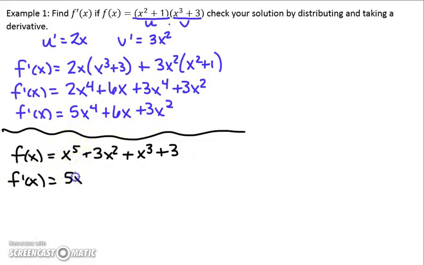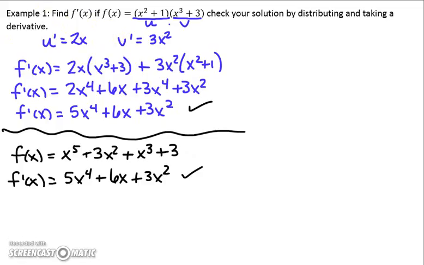Drop the 5, decrease by 1, 5x to the fourth, that's a good start. Plus, drop the 2, multiply it by this 3, get a 6x, so we got that as well. Drop the 3, decrease by 1, got the 3x squared, and the derivative of 3 is just 0. So both of those derivatives are the same. Our power rule and our product rule gave us the same answer.